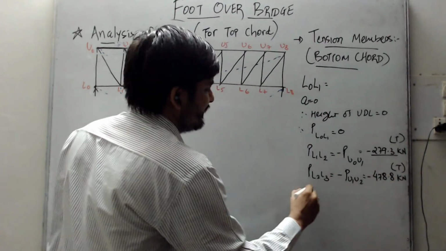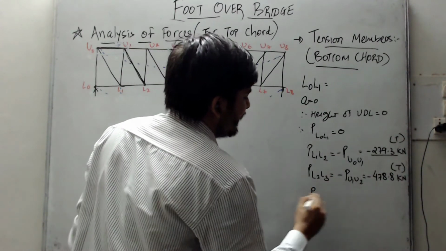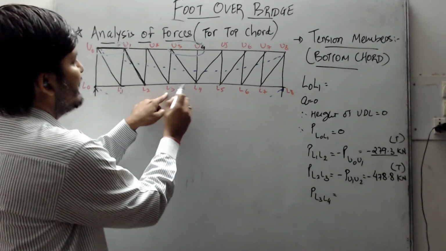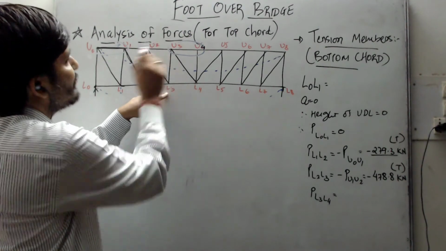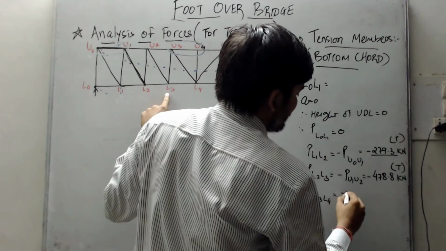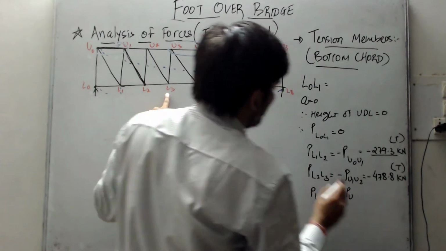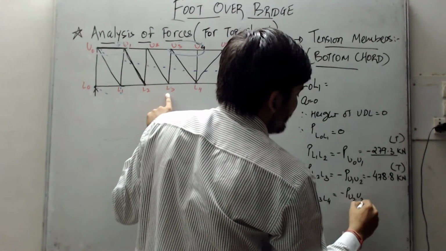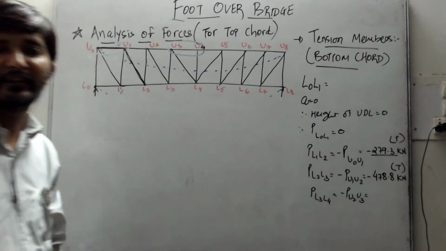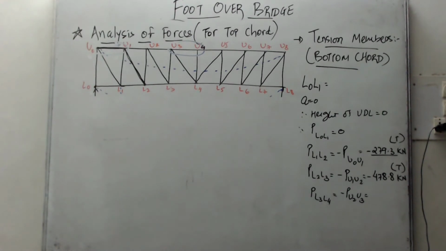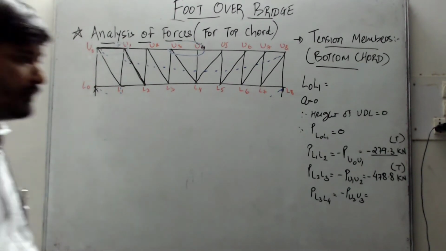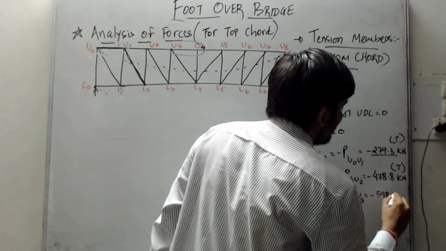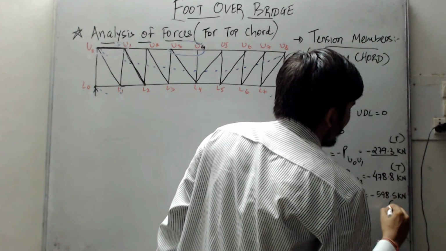Next is P L3, L4, the force in L3, L4. The opposite joint is here, so it is equal to minus P U2, U3. If you see your previous calculation, the force in U2, U3 was 598.5, so here it becomes minus 598.5 kilonewton, and again this will be in tension.